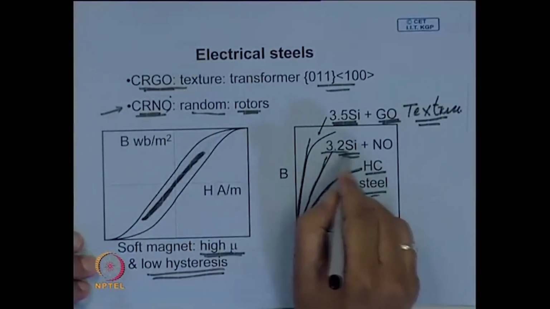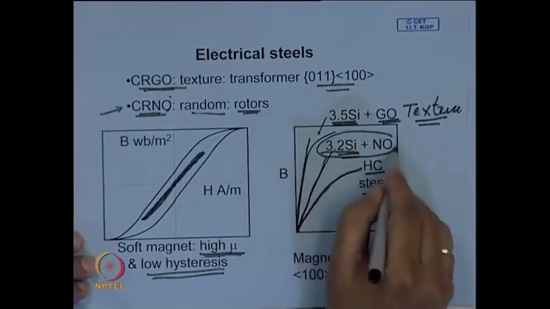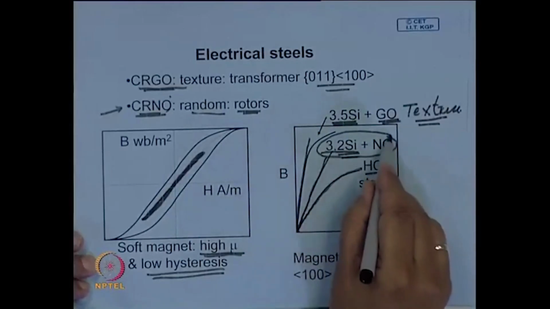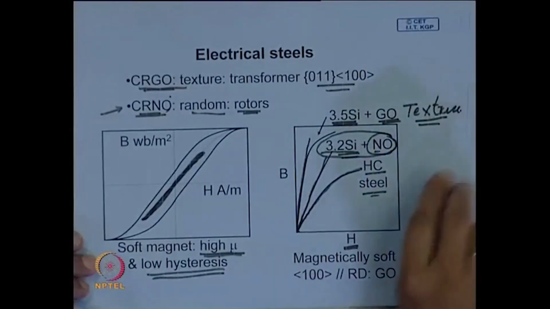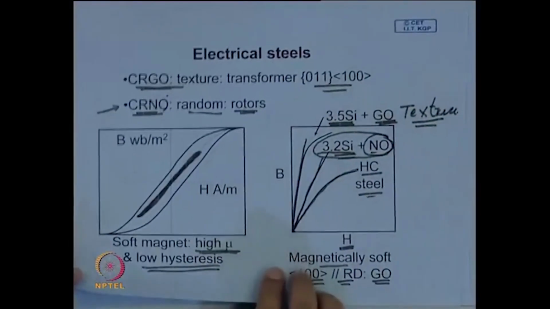So, you do add silicon and you have a better mu, but you need random orientation, a non-oriented sheet in this case. And in the magnetically soft alloy here, you have this kind of texture, parallel to the rolling direction, and this is obtained by controlling the processing.